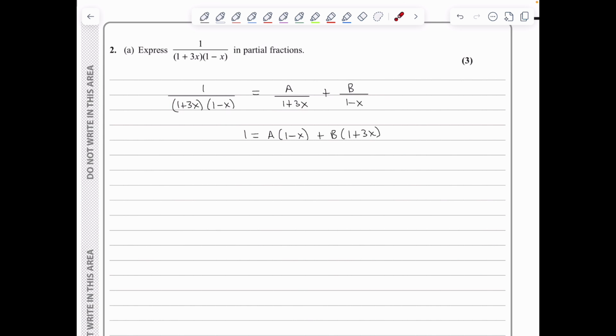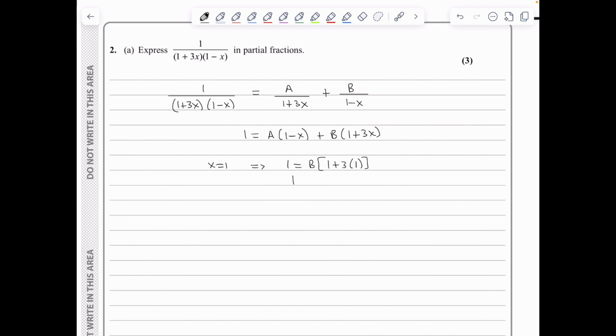Now, this is an identity, which means that it holds true for all values of x. So it would be great if we could set 1 - x to be 0, because this will eliminate A altogether and will allow us to recover the value of B. So I will be setting x to be 1. So setting x is 1 leads to 1 being equal to B times (1 + 3 times 1).